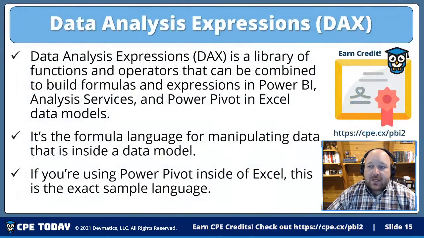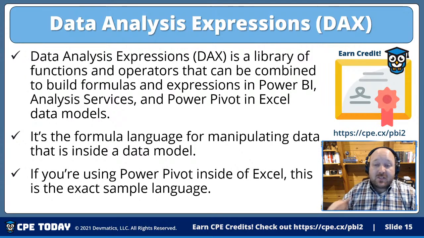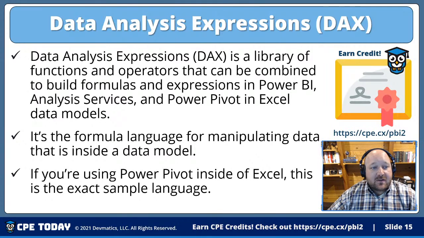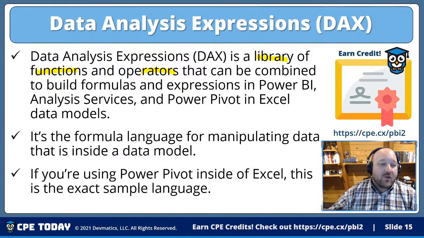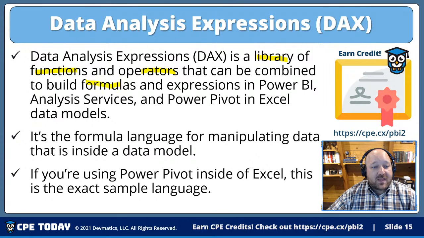Alrighty, let's go ahead and take a look at our next section for today, which is going to be utilizing DAX, and we're going to be specifically looking at calculated columns and calculated measures. Now DAX is data analysis expression, and it is a library of functions and operations that combined together we can use to build formulas and other analysis for Power BI.